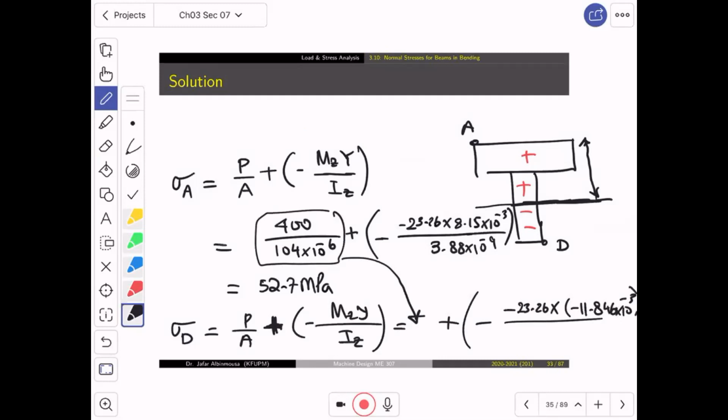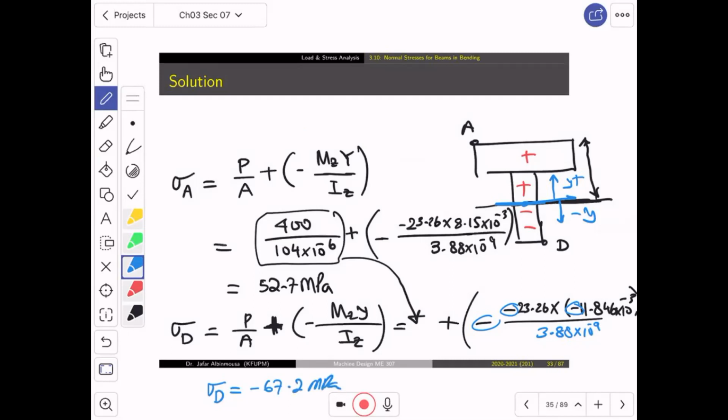And I established my coordinate. This is the zero here. Y is positive here. Y is negative here. Now this is a minus and a minus and a minus. 3 minuses, I will get a negative sign. So the denominator is still the same, 3.88 multiplied by 10 to the power minus 9. And then what you will get, sigma D, is equal to minus 67.2 megapascal. Good.